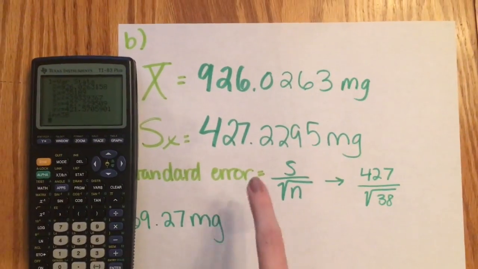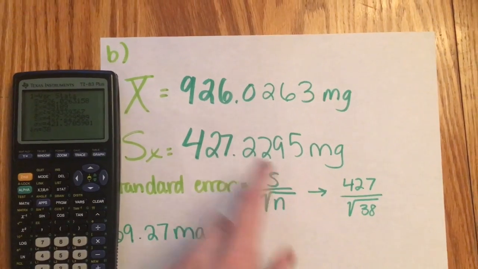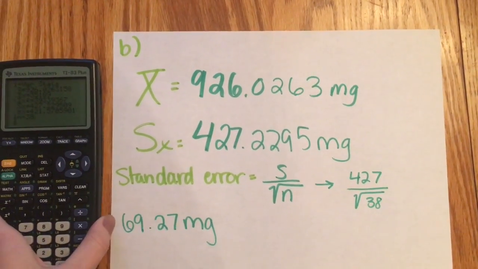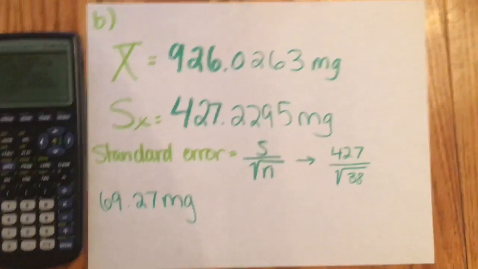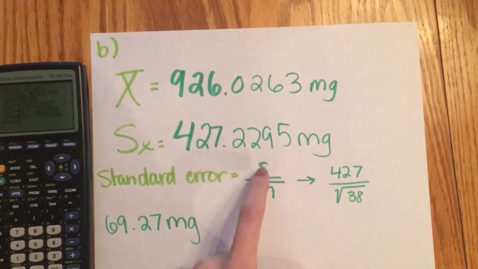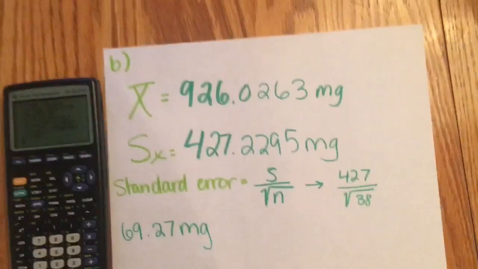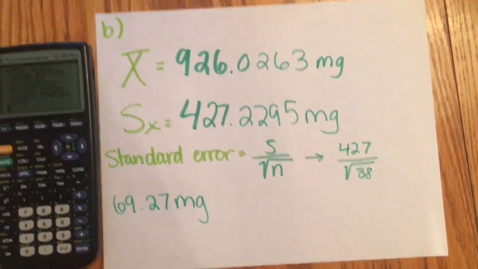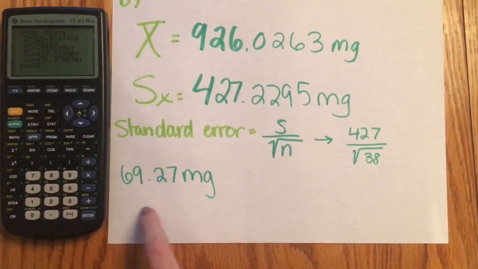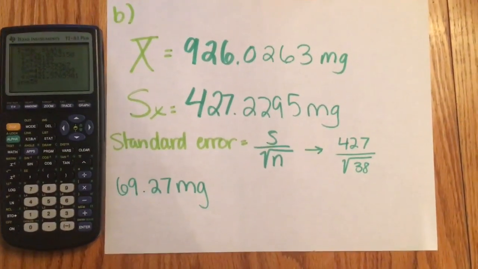My standard deviation is 427.2295 milligrams. And my standard error, which by the formula is standard deviation over square root of n, would be 427 divided by the square root of 38, which gives you 69.27 milligrams.